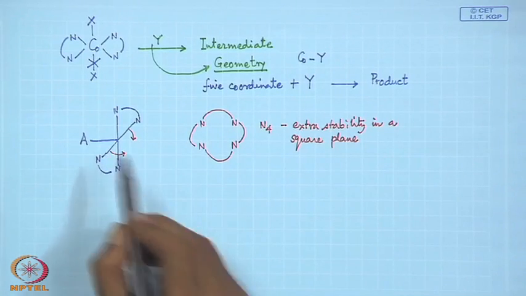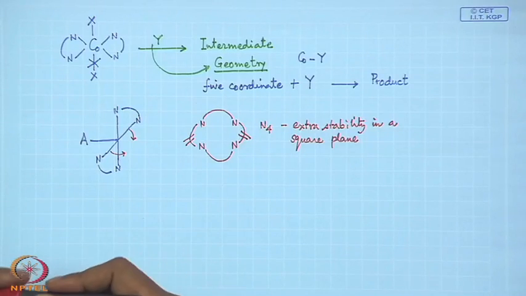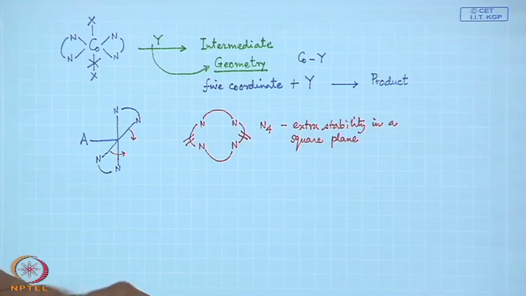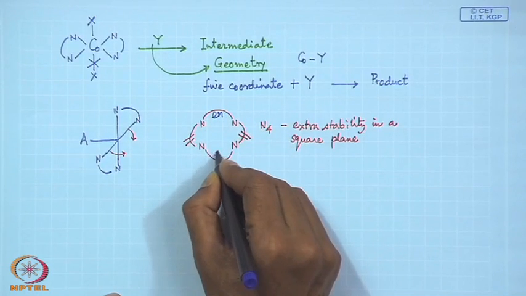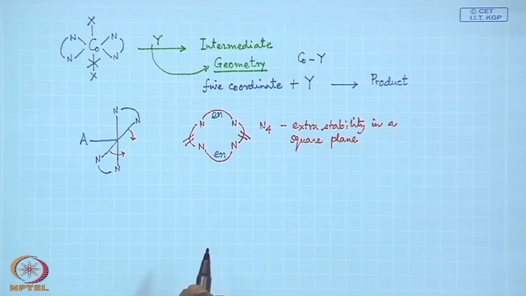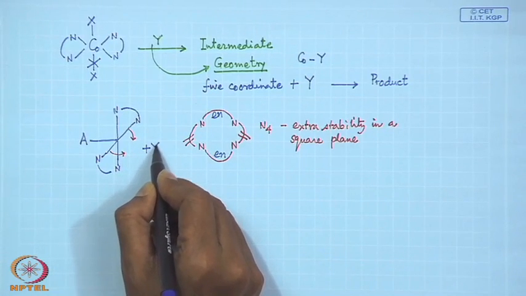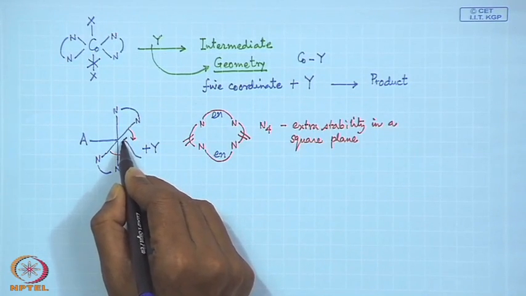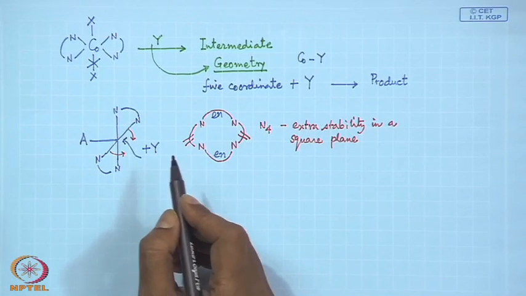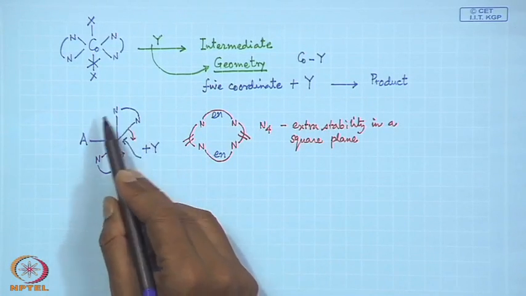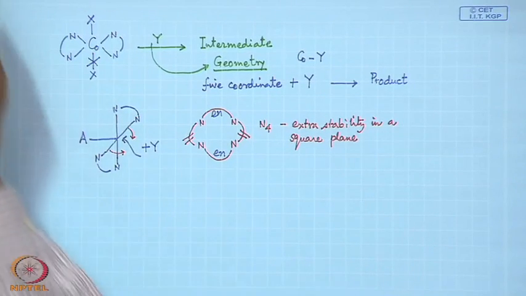So, that thing is also happening where we do not have this connection and we do not have this connection, only ethylene diamine units are present. So, this is our en and this is also our second en. The incoming Y will attack from this side and we get retention of the configuration, even for the trans compound, just as we get for the cis compound.